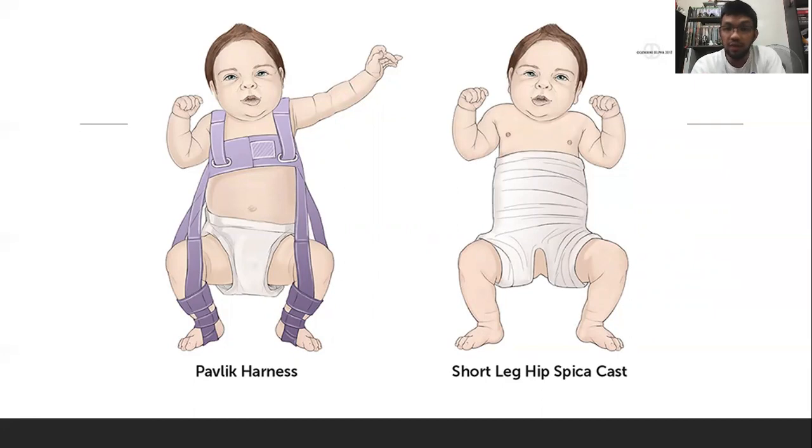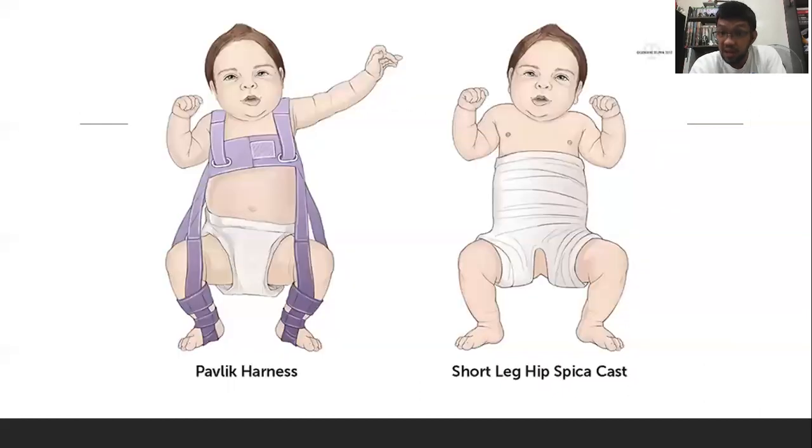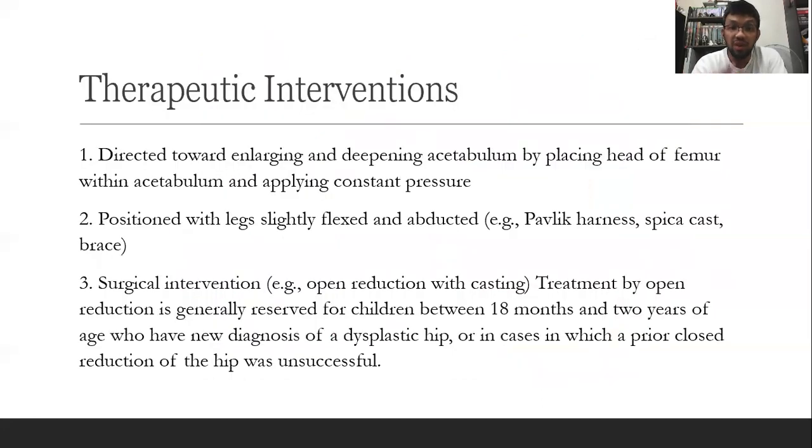Any of these can be applied to make sure that the legs, as you can see here, are slightly flexed and also abducted. At the same time, the head of the femur is within the acetabulum here.